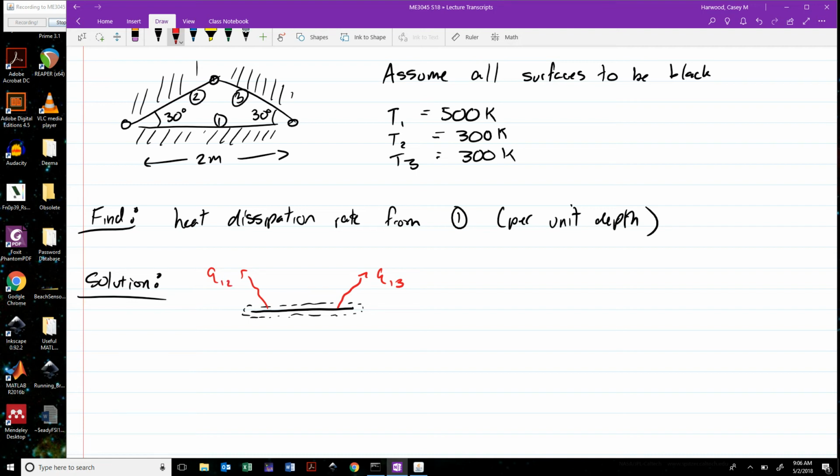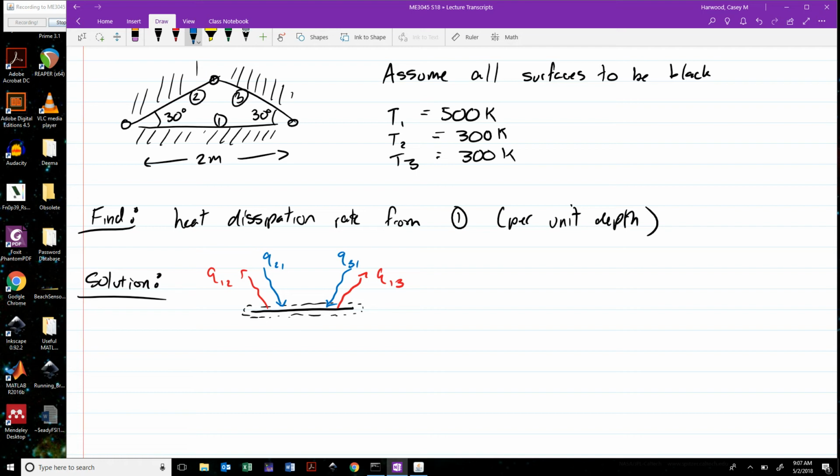We don't know how much yet, but we know that there's going to be some. Likewise, we know that there's going to be energy transfer in from 2 to 1, Q 3 to 1. So notice I haven't written anything yet about how much of this is irradiation versus emissive power, radiosity. This isn't yet in terms of E, G, J.